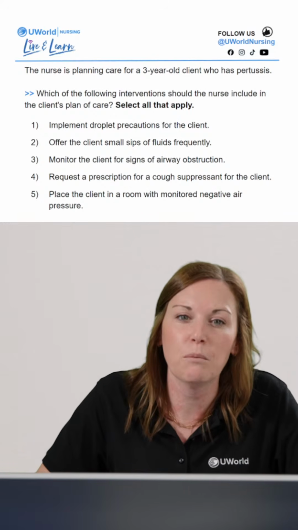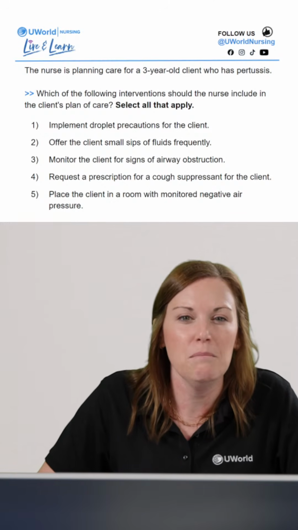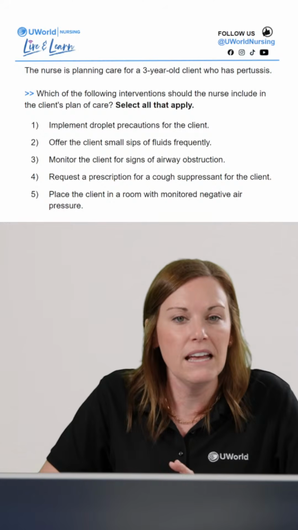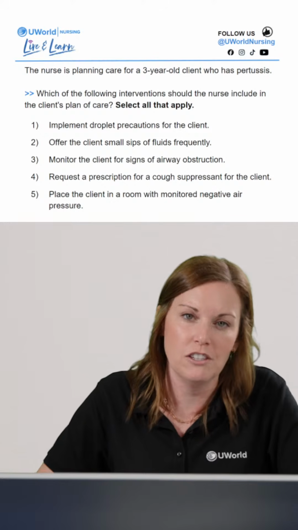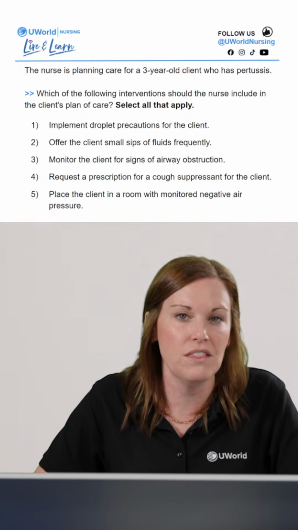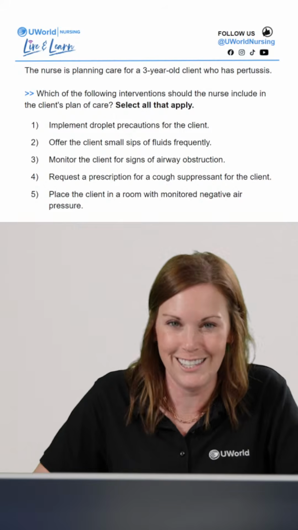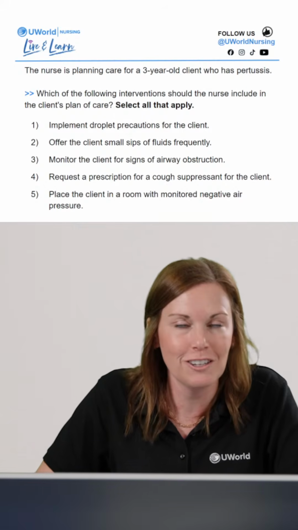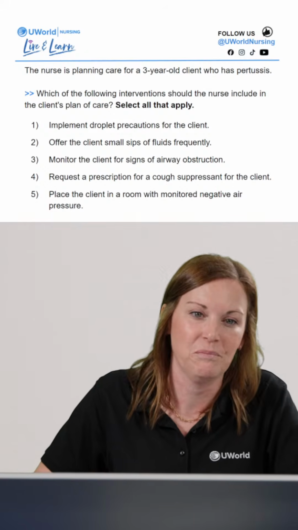You can think of airborne precautions as MTV, the mnemonic: measles, tuberculosis, and varicella zoster. So it's just not what you need to do for droplet precautions. Don't overthink it. That is an incorrect option, and our correct answers again are 1, 2, and 3.